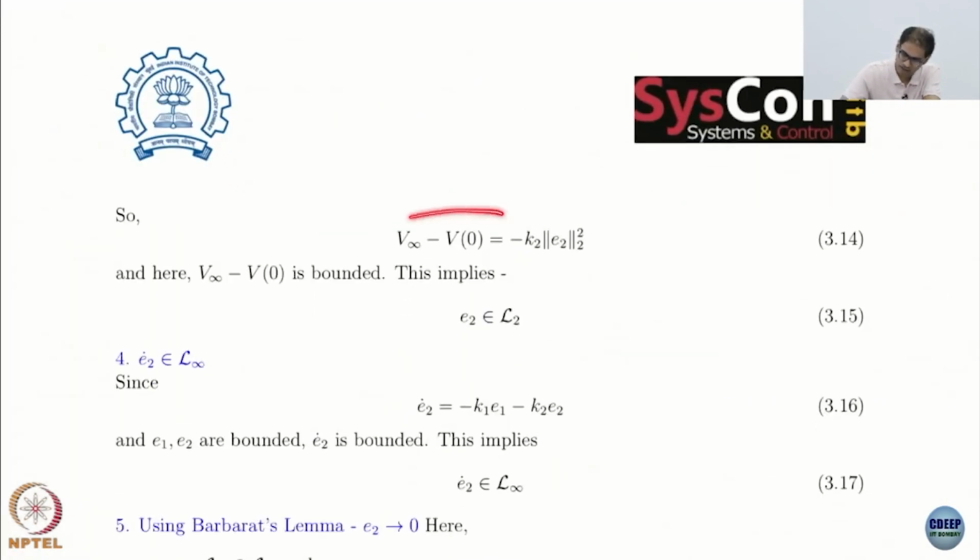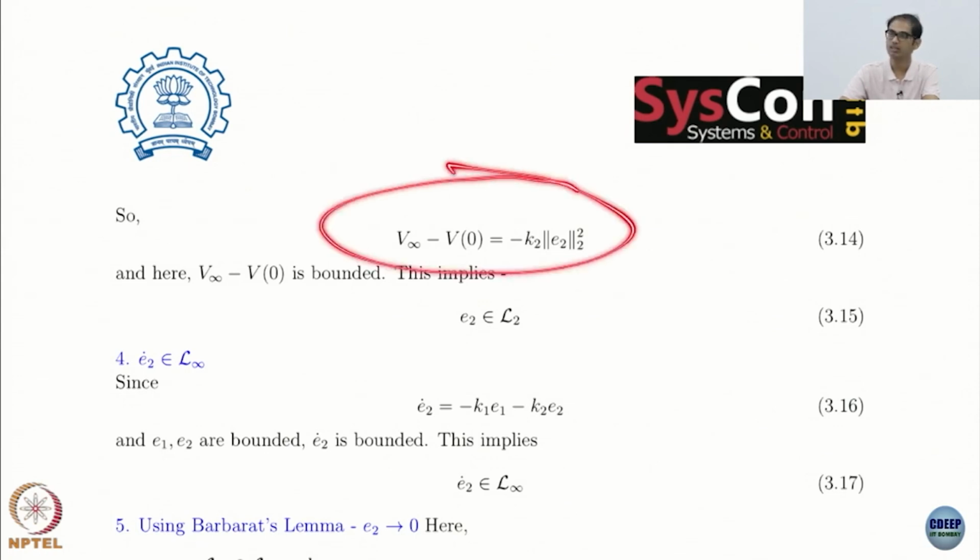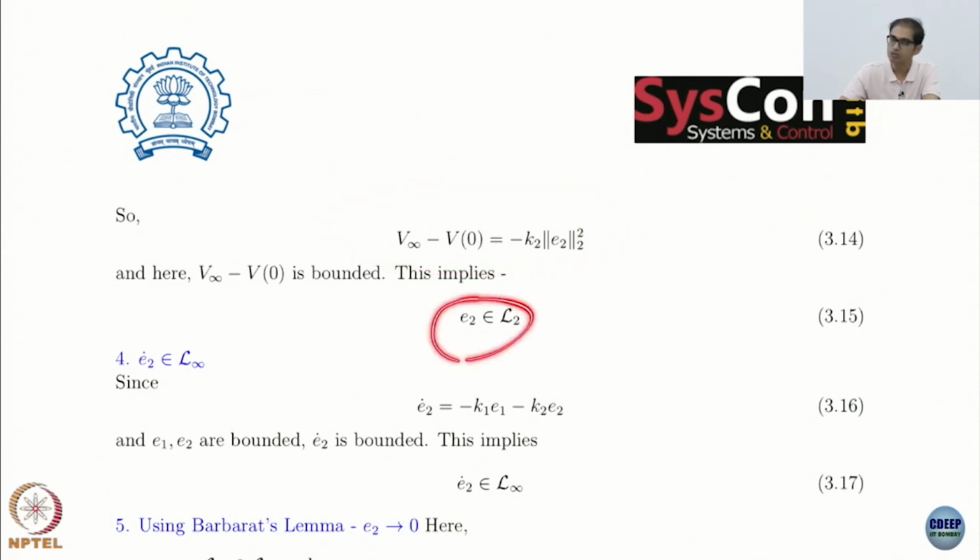So I get this equality. From here it is obvious that E2 is bounded. In fact I can solve this: it is V0 minus V infinity divided by K2, and therefore E2 is L2. How do you say a signal is in L2? If its L2 norm is bounded. So it is, great.